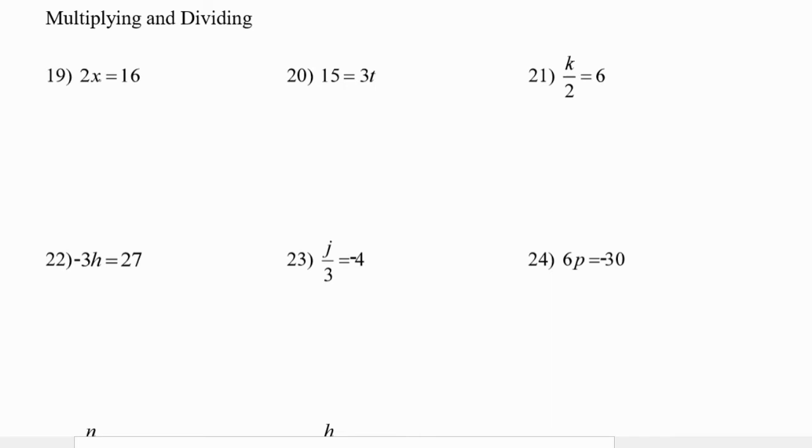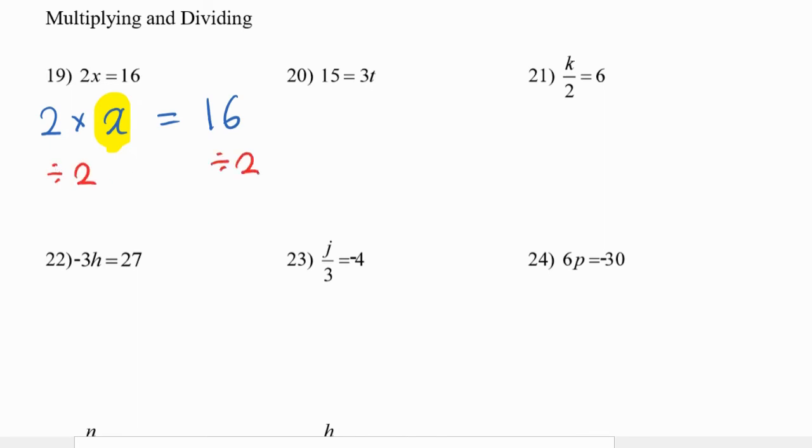So everyone, remember, when you have a number and a variable, what's hiding in between 2 and x? Right, it's multiplication. So 2 times x equals 16. Okay, our goal is to isolate x. To isolate x, we have to get rid of multiplying 2. To get rid of multiplying 2, we are going to divide both sides by 2.